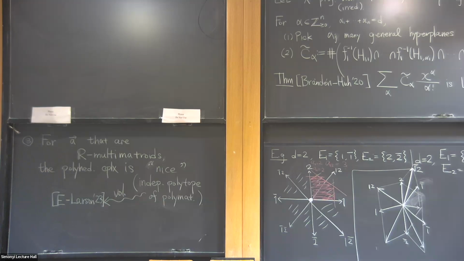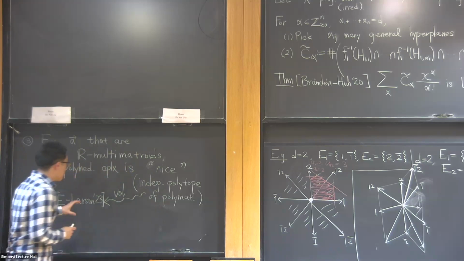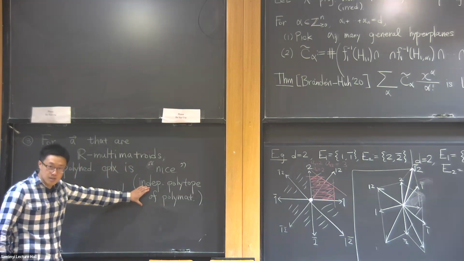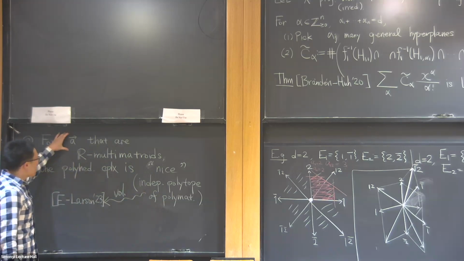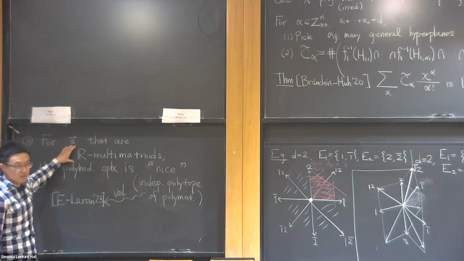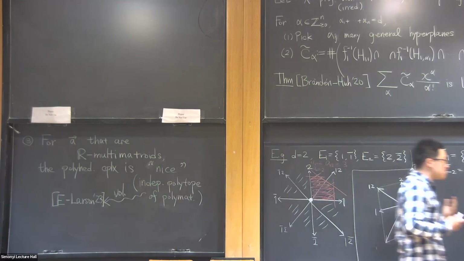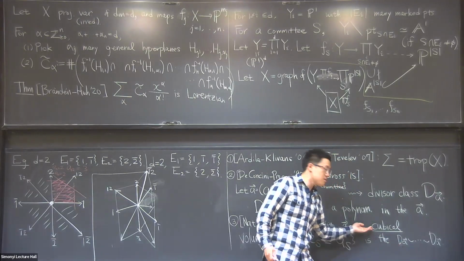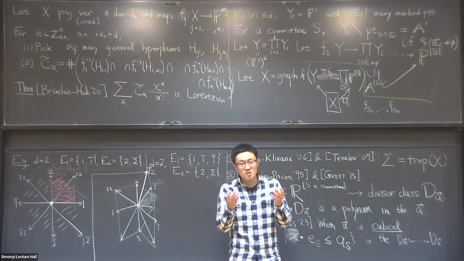So what should be the plan? We have an explicit idea of what kind of volumes these have, but this only happens when A's are these R multimatroids. Now, do those volumes actually equal these numbers? Well, we know that's true when A is even nicer, cubical. So there are two conditions for A right now.